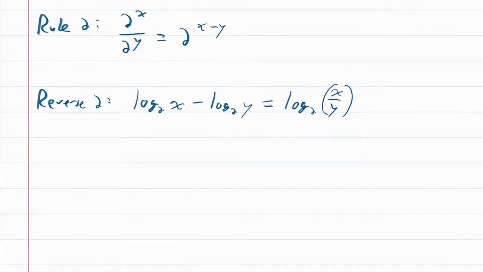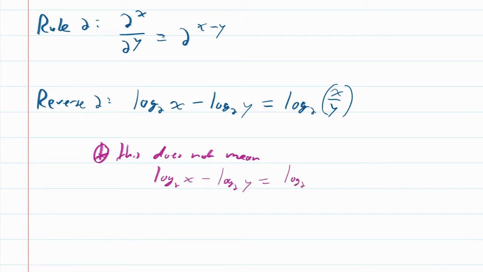That's a bigger picture. Now, there's a big misconception that can happen. This does not mean that the log base 2 of x minus the log base 2 of y is equal to the log base 2 of x over the log base 2 of y. That's not the same thing, so just be careful of that.